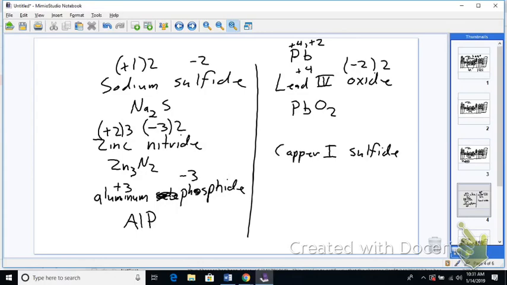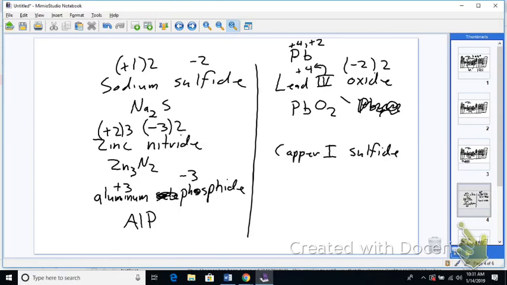Okay, so I go copper 1, that tells you what? There's a misconception, because sometimes students will take this lead 4, going back to lead 4, they will write it like this, because they think this 4 is how many leads you have. But this 4 represents the charge. And that charge allows you to write the formula correctly.